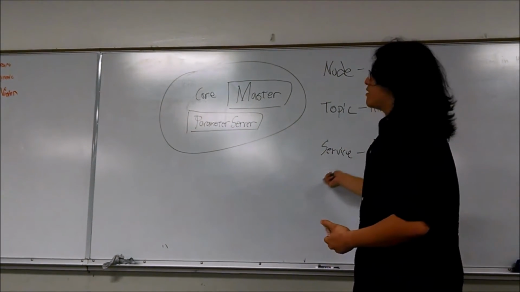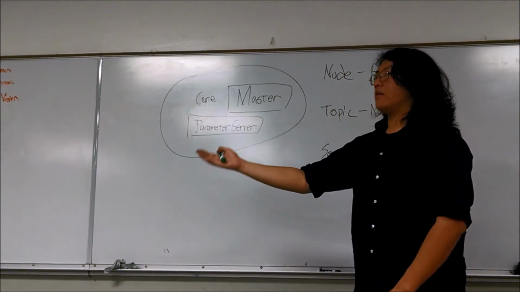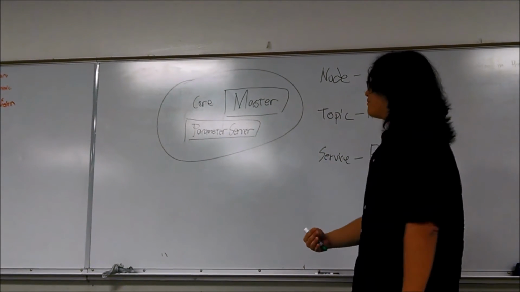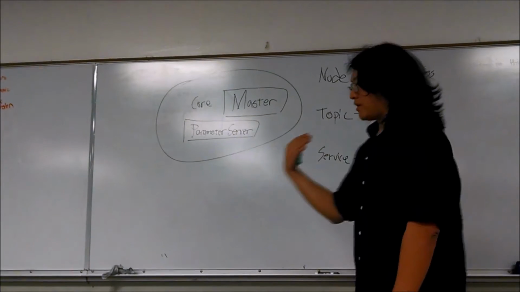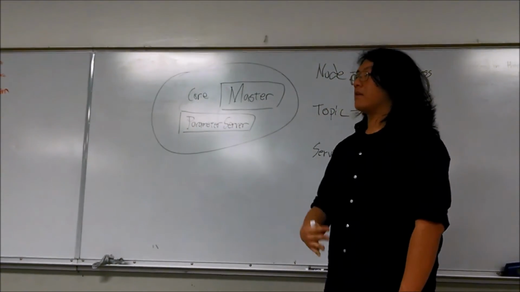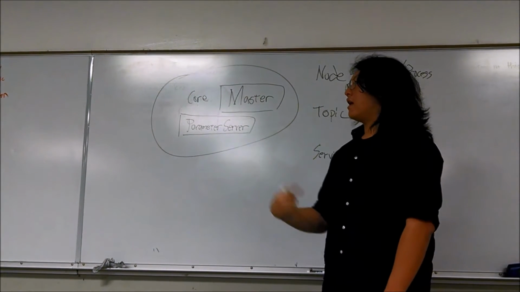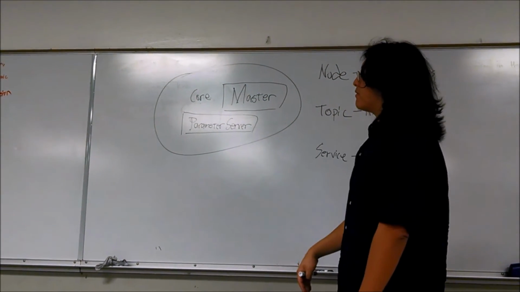The problem with services is a service is a function call, meaning you give it parameters, you wait for it to do its thing, and you get your return value or values. Actionlib allows you to give it a command and let it return immediately without having to finish the task. It will update you with its progress as it goes, and then when it's finally done, it'll tell you it's done.